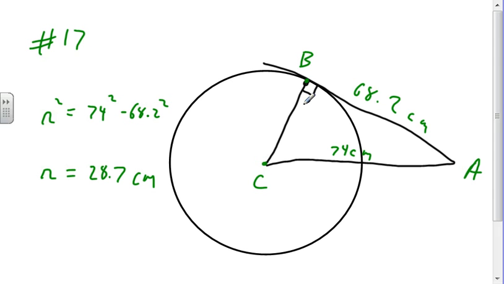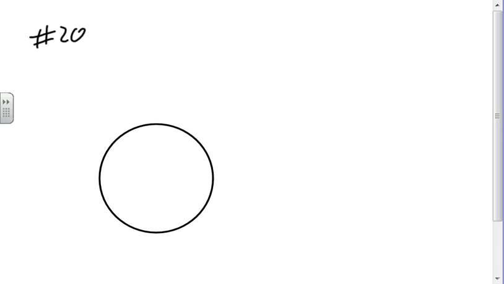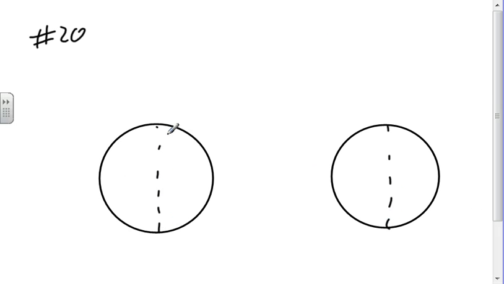Okay, number 20. Find the area, find the perimeter. Now, I don't think I can do half circles, so what I'll do is draw two circles, then draw a dotted line there and a dotted line here, and hook them together.